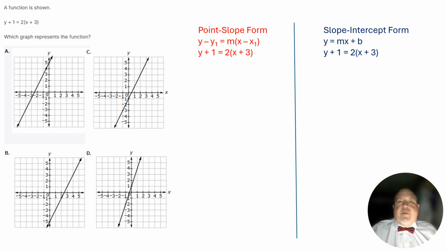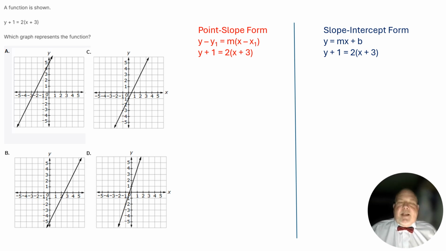And again, point slope form is y minus y1 equals m times x minus x1, where x1 and y1, those values give you a point on the graph, and then m gives you the slope of the graph. Okay? So if I recognize this is in point slope form, then I know 1 is my y1, 3 is my x1, and 2 is my m, or my slope.